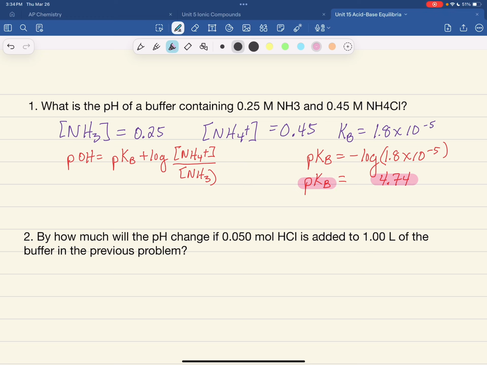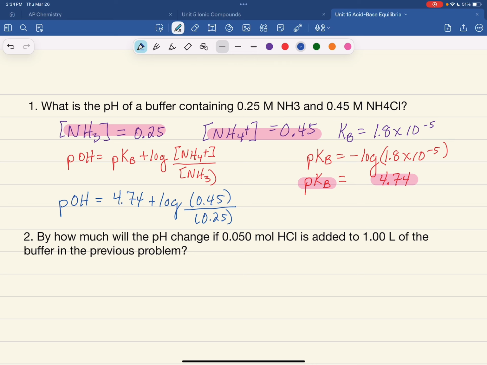Okay, and then we have this number and we have this number. So now we have everything we need to plug into the Henderson-Hasselbalch equation and solve for the pOH. So pOH is going to be equal to pKb, which is 4.74, plus the log of the NH4+ concentration, 0.45, over the NH3 concentration, which is 0.25.